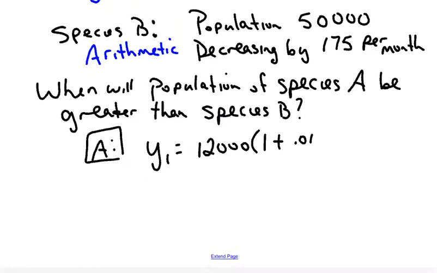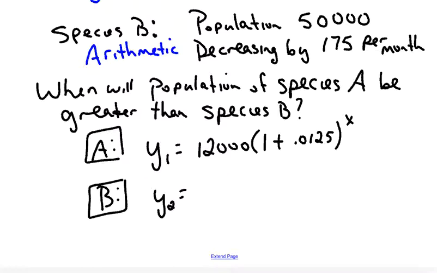So it's going up by 1.25% to the x. And for species B, we're going to start out with y2 equals our starting amount, 50,000, and it's going to go down by 175 per month.